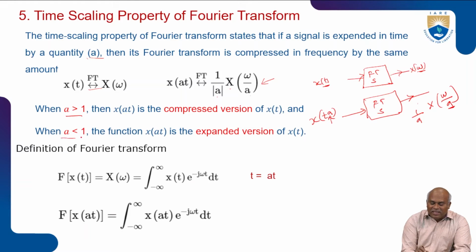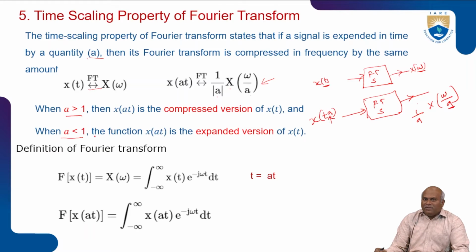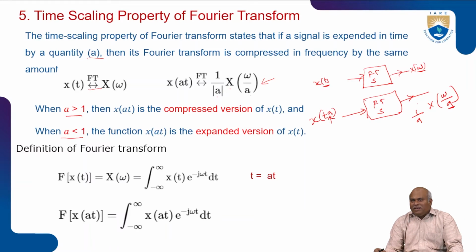When a is less than 1, then the function represents an expanded version of x of t on the output side of the Fourier transform. So these two cases arise when we are doing the time scaling property. Either we compress the output side of frequency, or we expand it; both will happen.